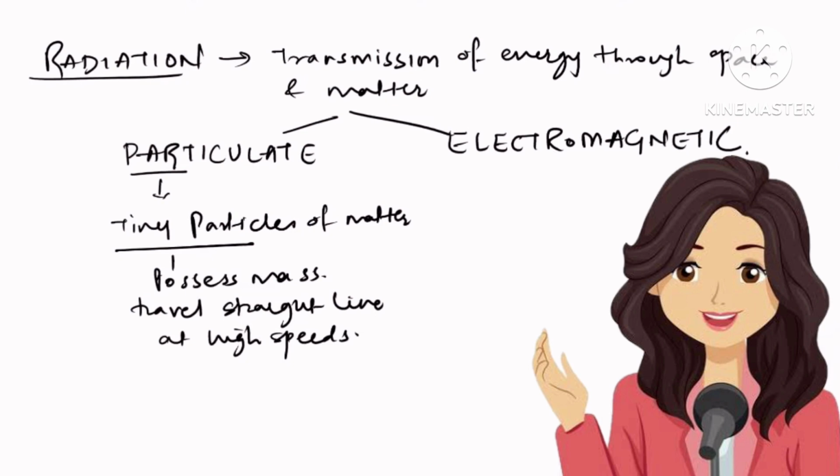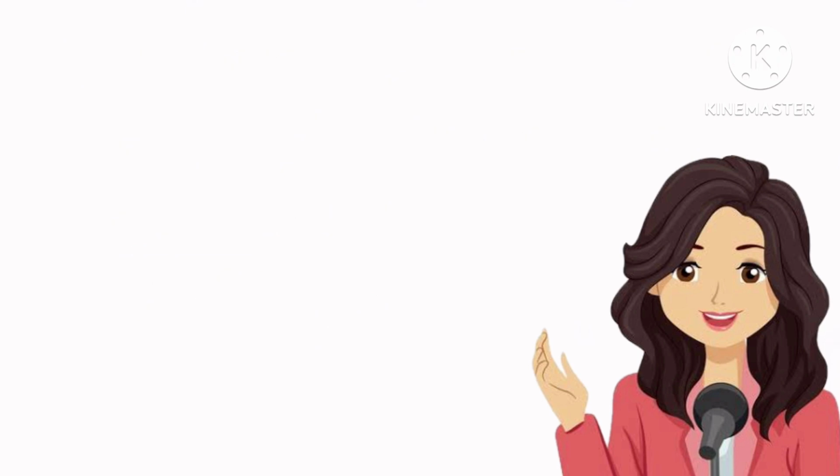So particulate radiations are tiny particles which have mass and travel in a straight line at high speeds. There are types of particulate radiation that we are going to discuss. The first particulate radiation that we all know is electrons.